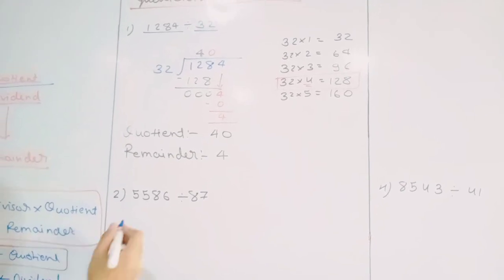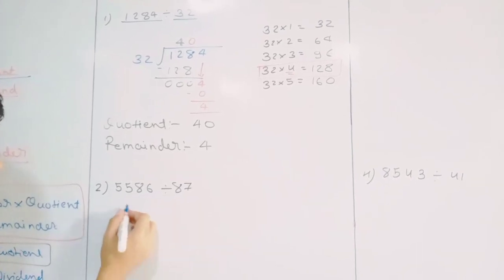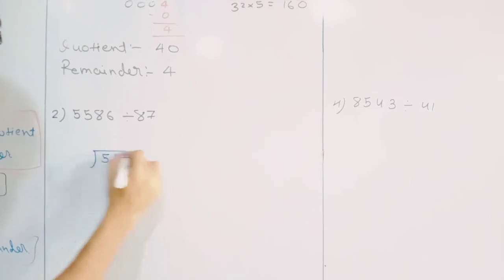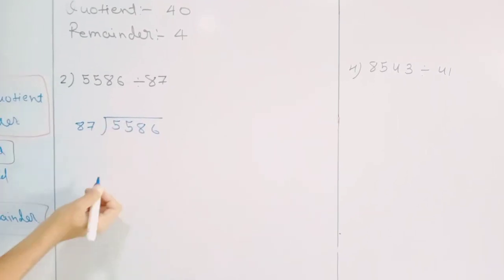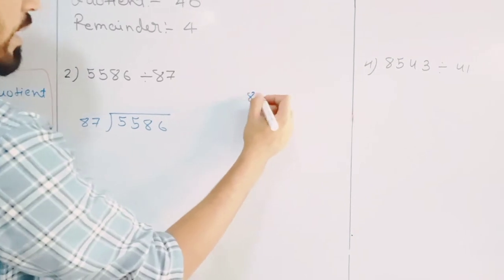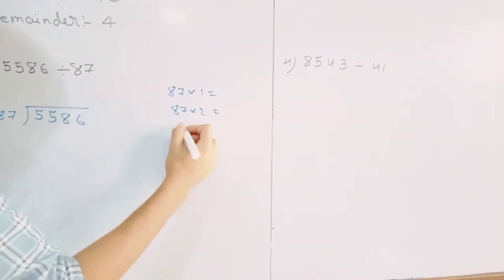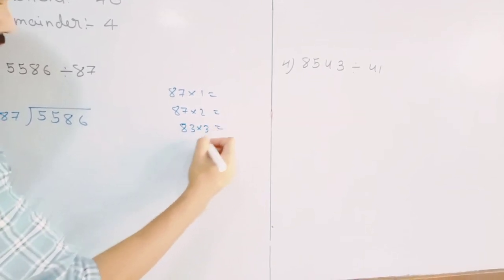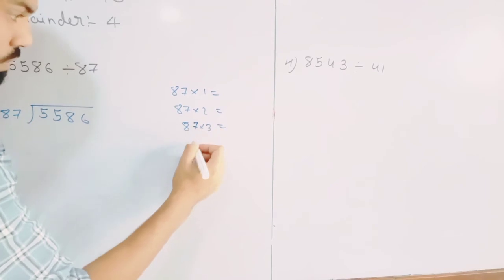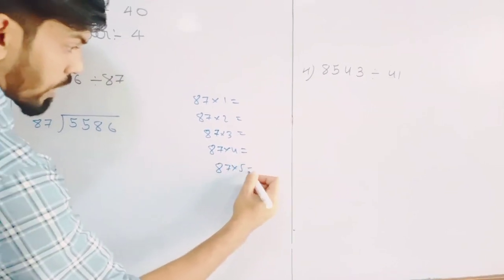That is 5586 divided by 87. 5586 is the dividend and 87 is the divisor. Now we have to write the table of 87 till 5: 87 into 2, 87 into 3, 87 into 4, 87 into 5.